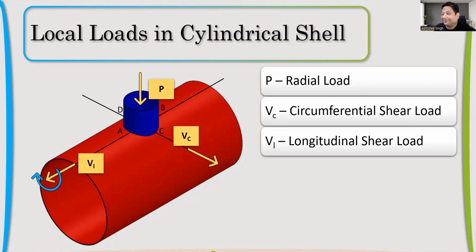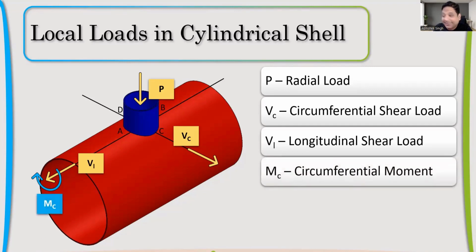Be careful, MC or ML. I can see both, but again, this is the same moment which we discussed just now. So it's circumferential, MC or ML. Okay, now people are saying MC. Great. It's MC, circumferential moment.